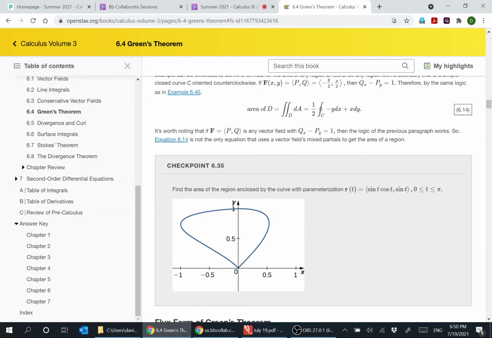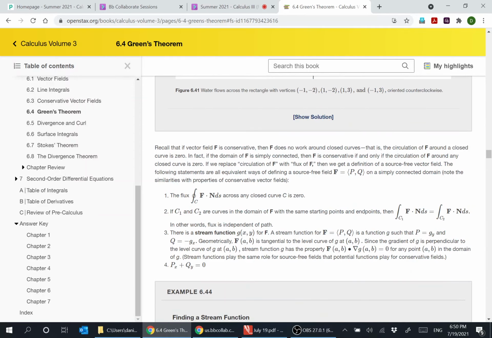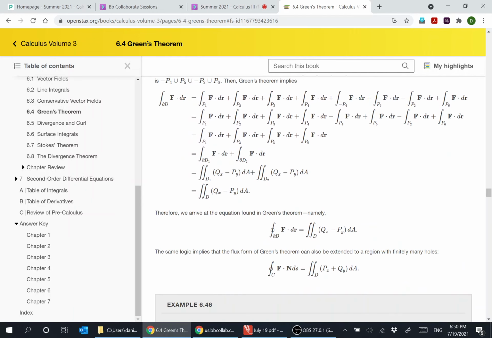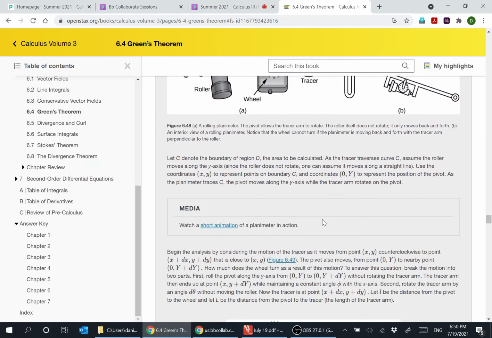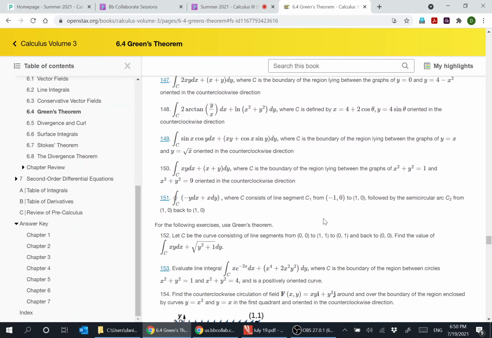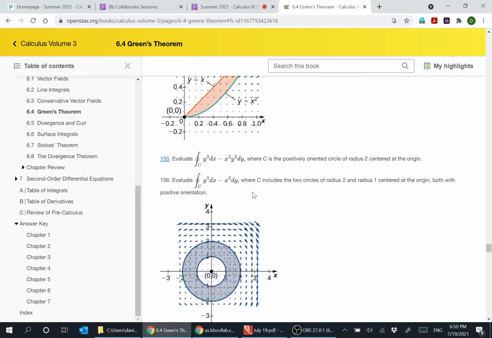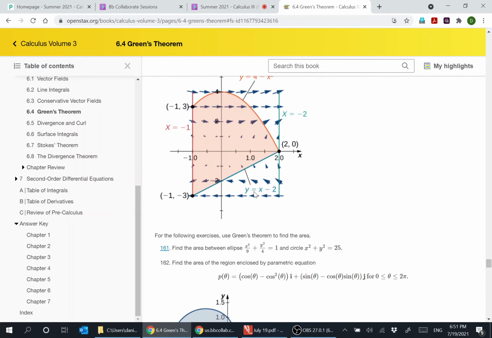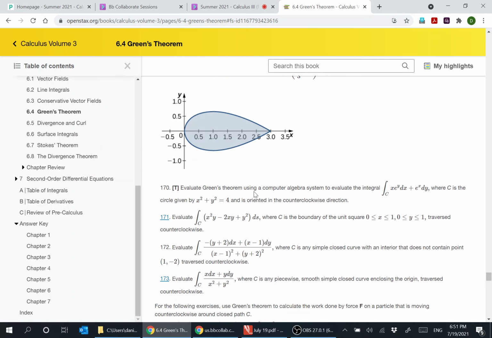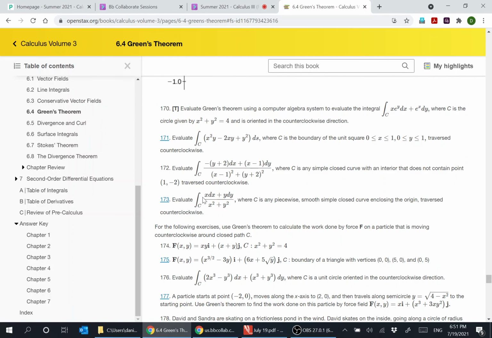I mean, they don't give you what the curve is.